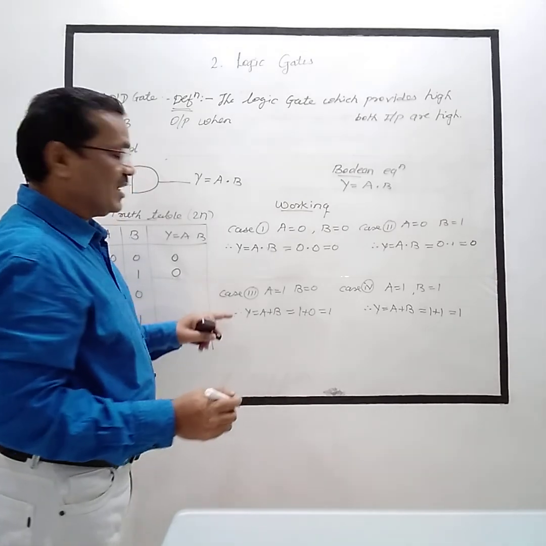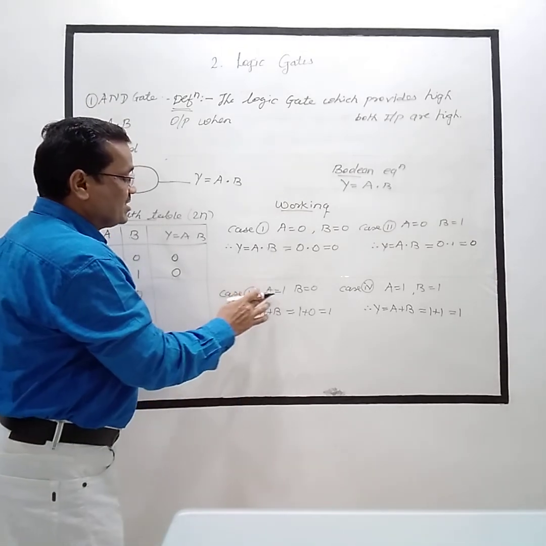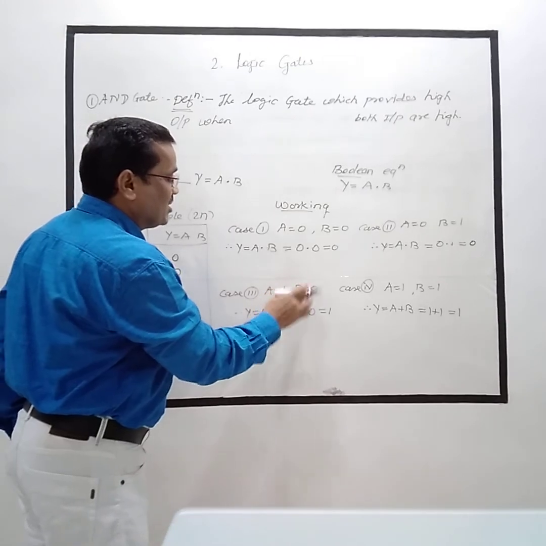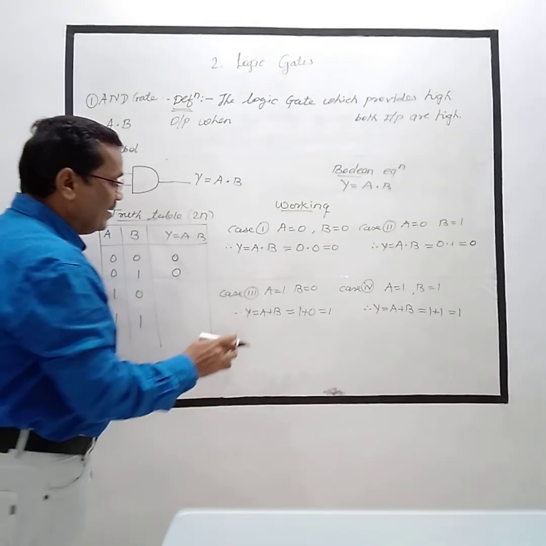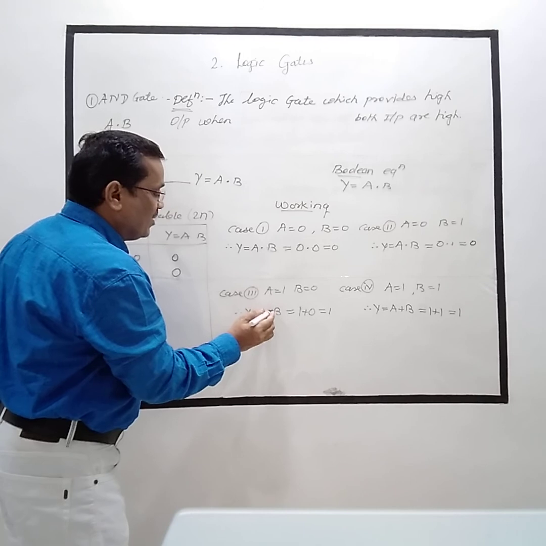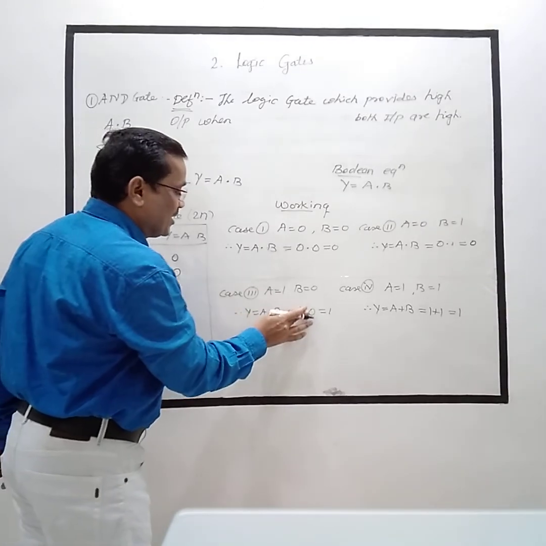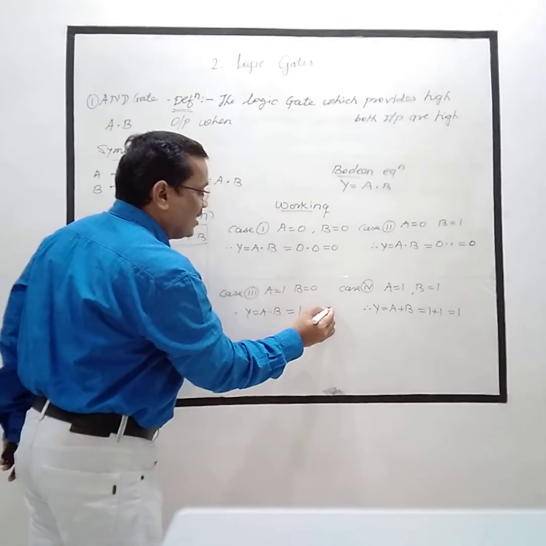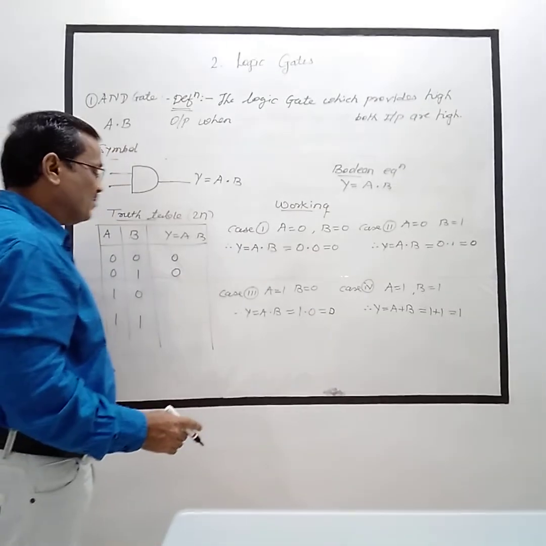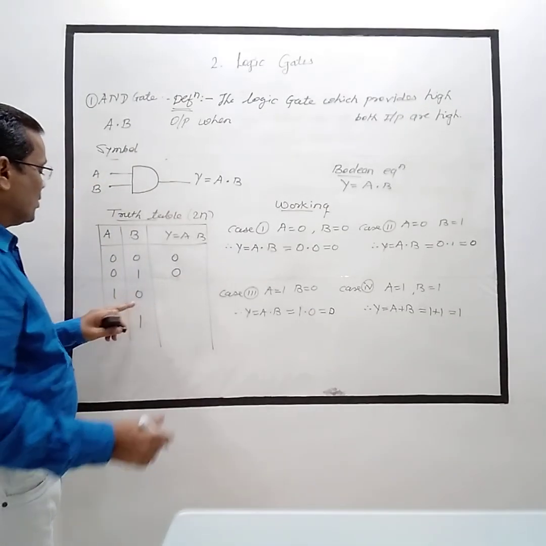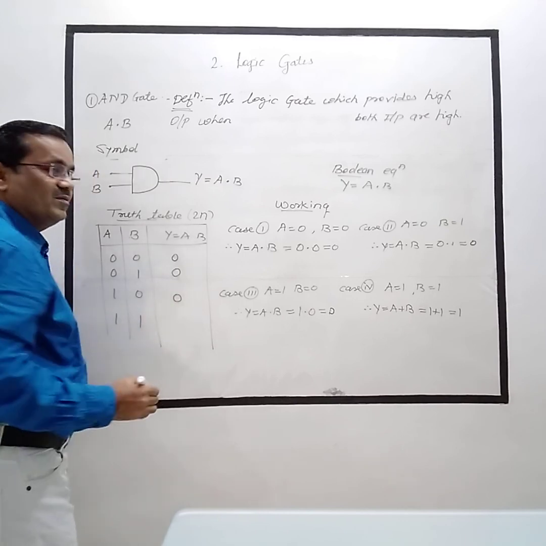Now the third case, which is A is equal to 1, B is equal to 0. Then according to the Boolean equation, we can substitute the values respectively. Its product comes out to be 0. That means 1, 0 is again 0.